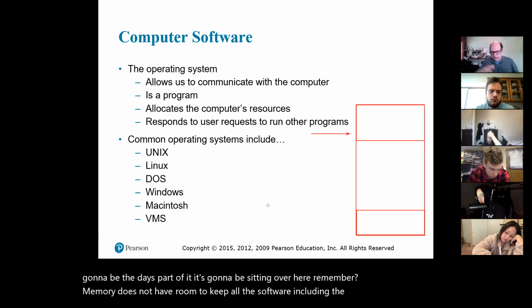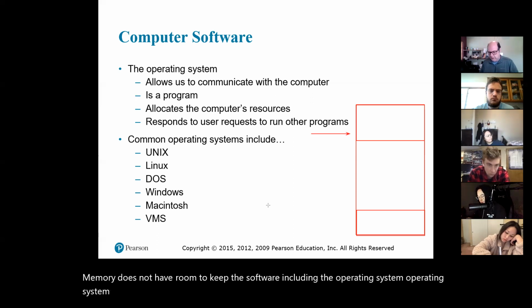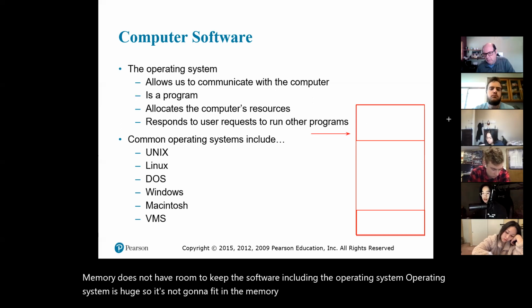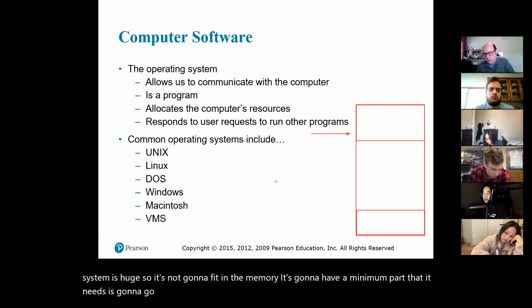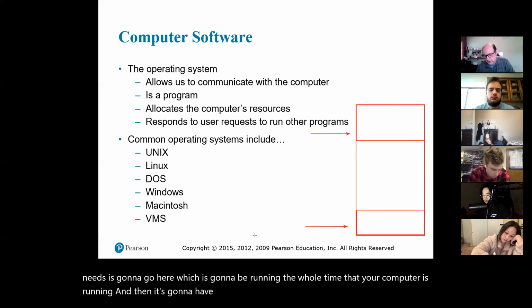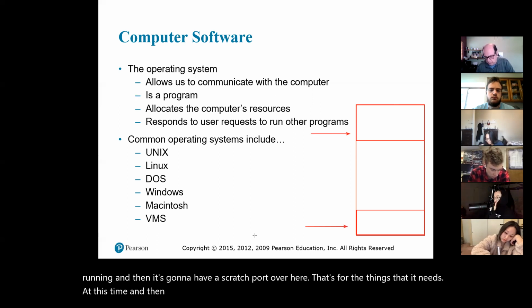Operating system is huge, so it's not going to fit in the memory. It's going to have a minimum part that it needs. It's going to go here, which is going to be running the whole time that your computer is running. And then it's going to have a scratch part over here. That's for the things that it needs at this time, and then it's going to dispose of it later.